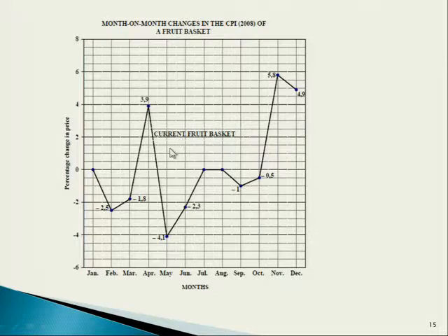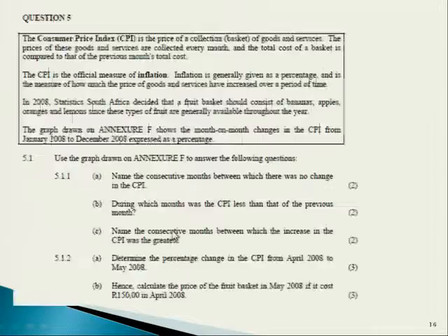Once again, remember what I said. If the increase is a negative or the decrease is a negative or your inflation rate is a negative, it shows you that there was a decrease. Right, the last question on this section.